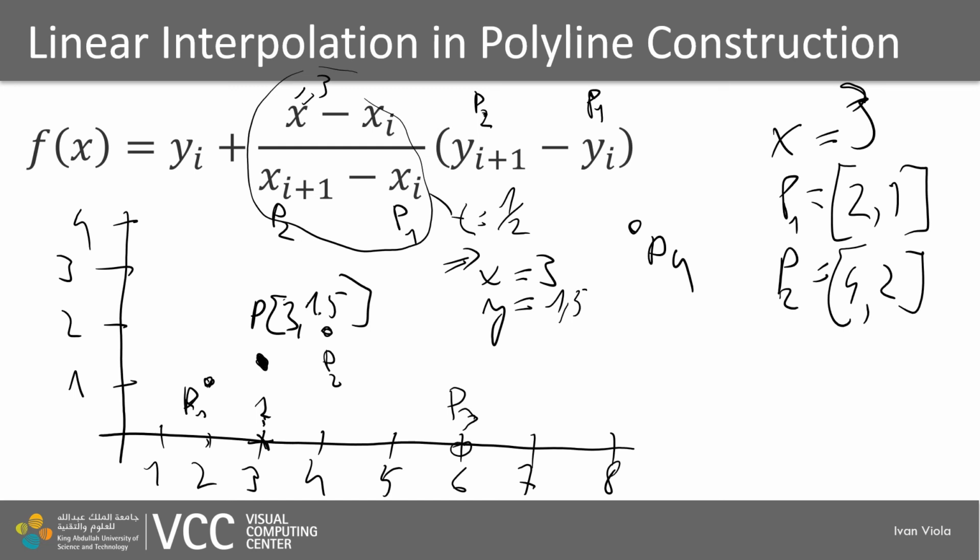We have seen that previously the linear interpolation was defined as 1 minus t times a plus t times b. And here we have just one t, and here we have a 2.